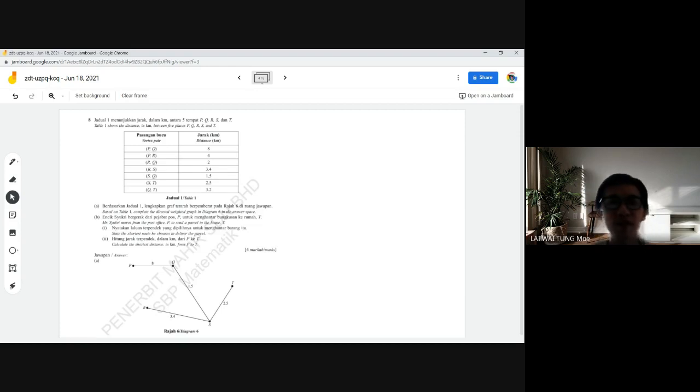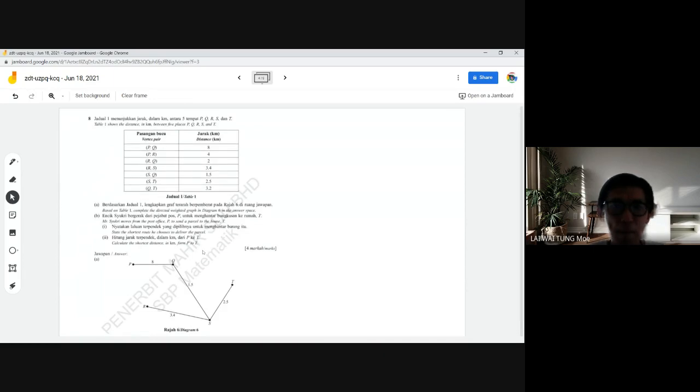Okay, so referring to the table here, you have to complete the graph. Directed and weighted means there are arrows, and there are readings, how many km. So let's complete the graph. Can you see the table and the graph? You need to zoom in. Okay, so start off with PQ. PQ is 8 km. So PQ is already drawn for you.